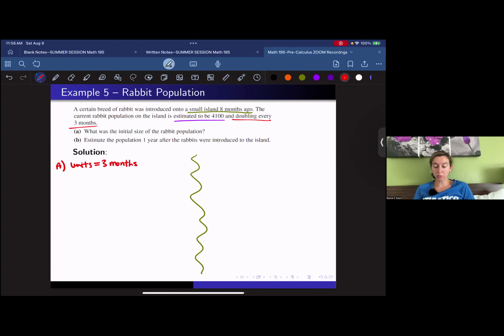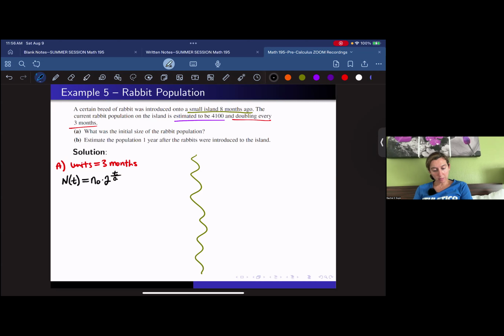And then let's also write out our general doubling formula. So we can put it in terms of n of t is equal to your initial amount times 2 raised to the t divided by your a value.